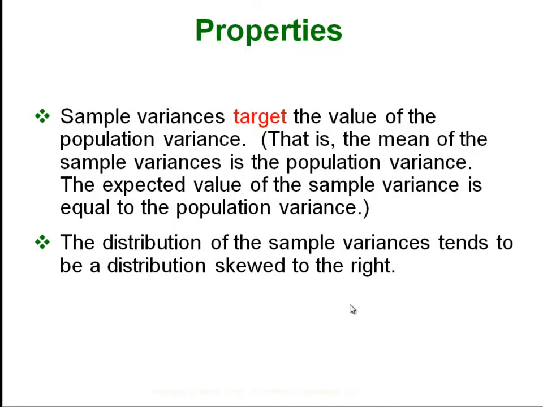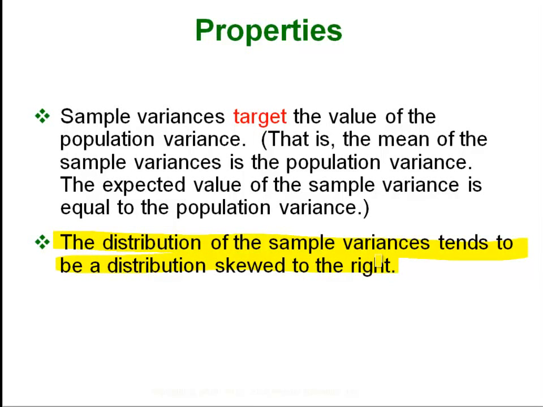Sample variances target the value of the population variance. So just like the mean, the mean of the sample variances, right? So if we take the average sample variance that we calculated, that value will be the same thing as the variance of the population it came from. And then, as I said before, the distribution of the sample variances tends to be a distribution skewed to the right.